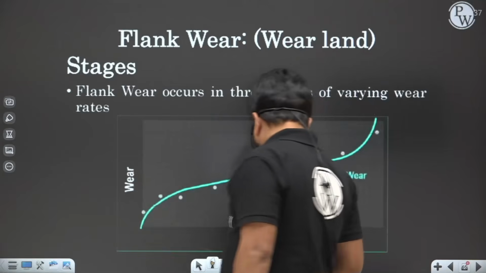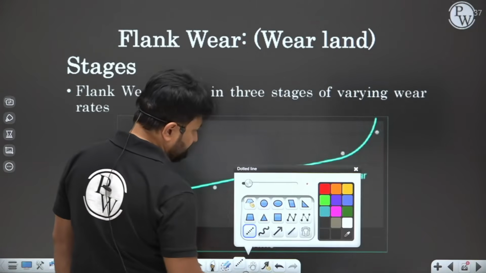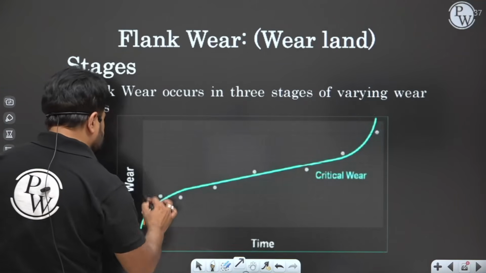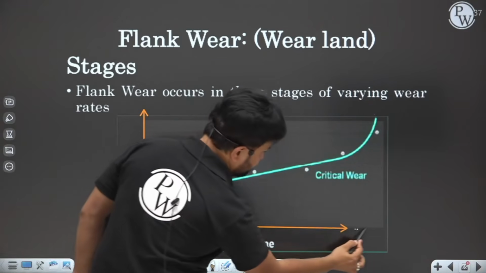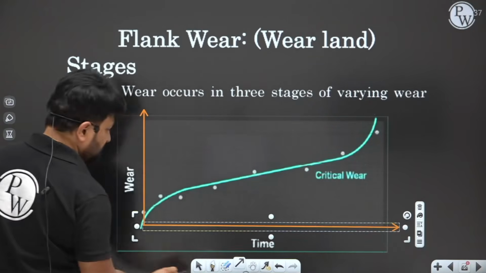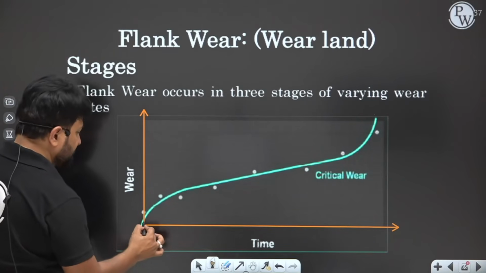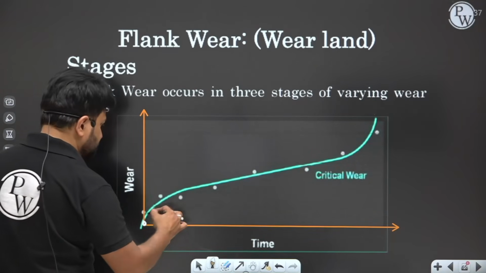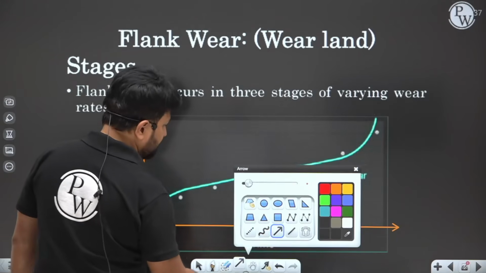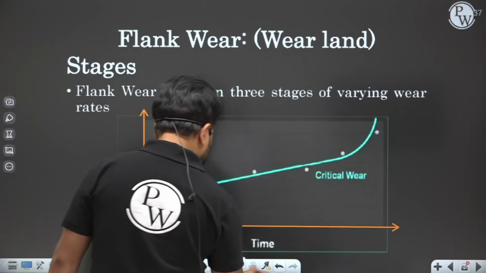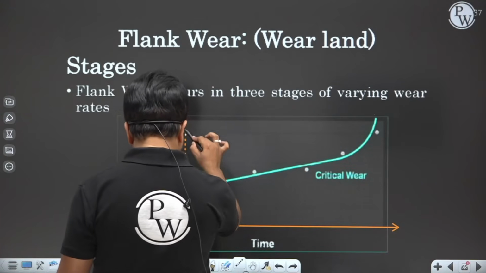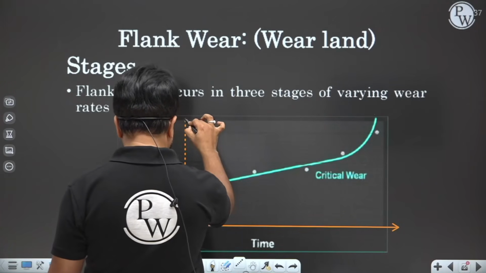Here you can see in the figure, my dear student, on the y-axis there is wear, on the x-axis there is time. The wear initially starts from t equal to 0, and up to a particular time it forms a curve.